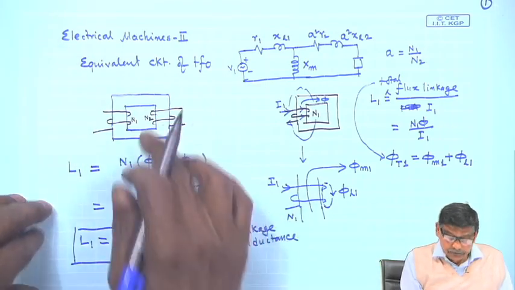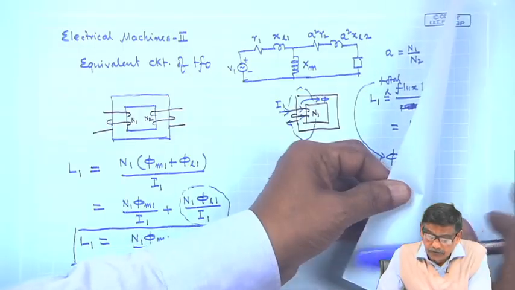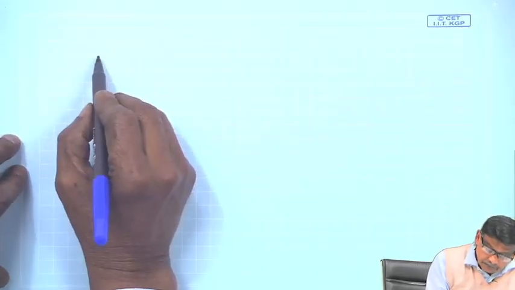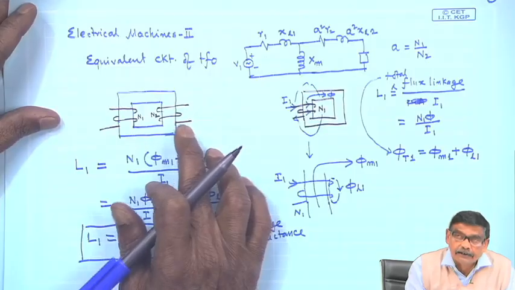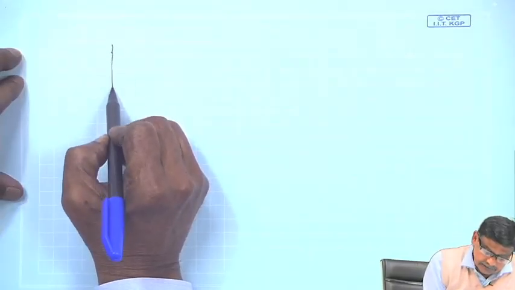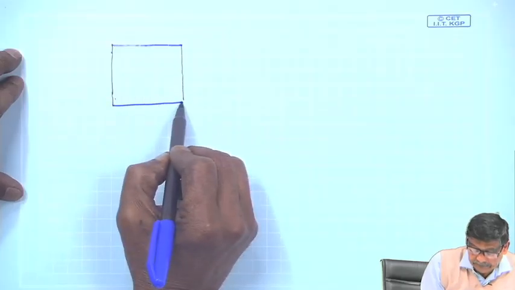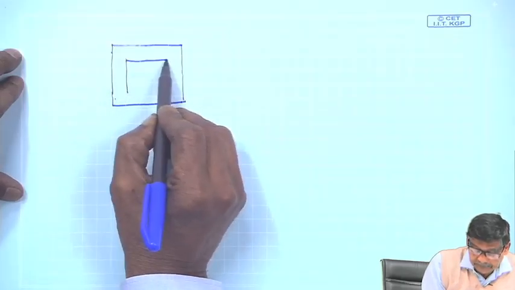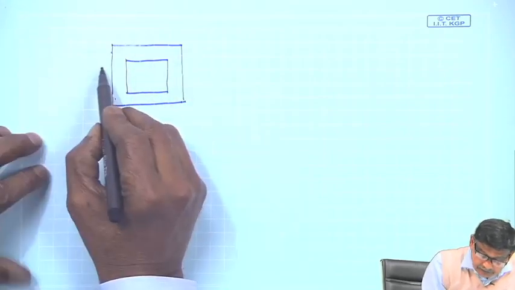Now, coming back to the transformer, we have now got two coils instead of a single coil. So, once again referring to this coil, this is one coil, this is another coil. Suppose we say that, let me redraw it, it is better. This is the core and these are your coils.